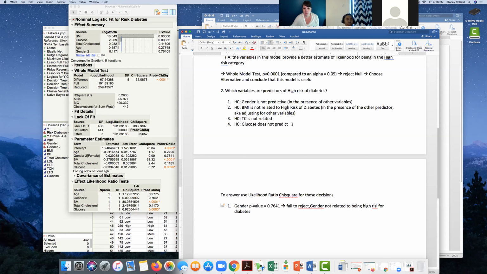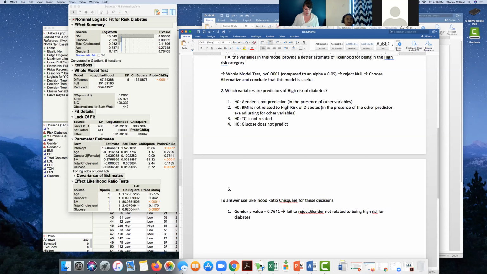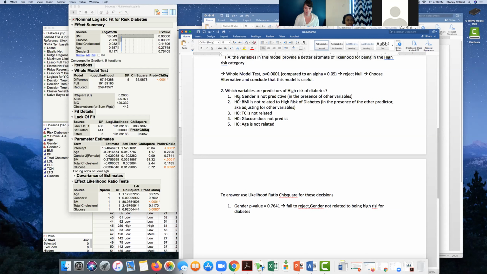I forgot about age here. Let's put age. Okay, so let's do our second question, which is BMI. What's the BMI p-value? Less than 0.0001.